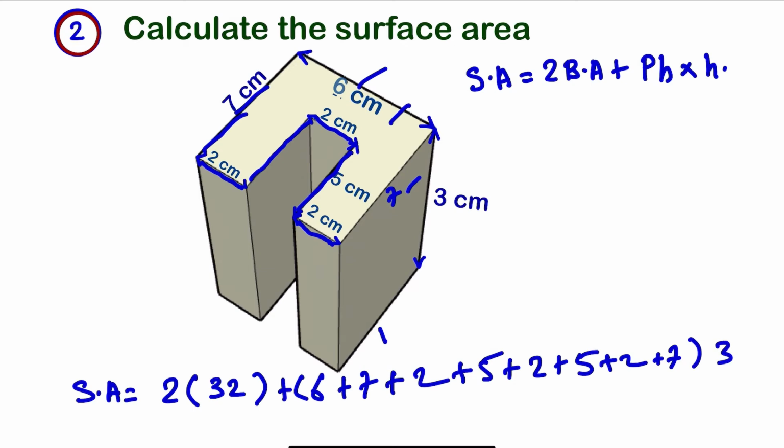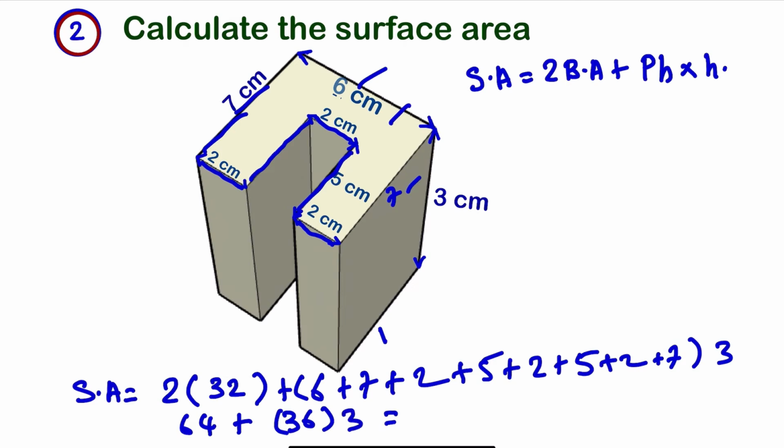If we add all of this, it is going to give us 36. So 2 times 32 is 64, plus all of this gives us 36, times 3.